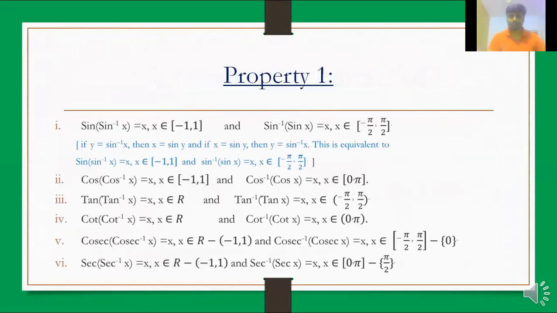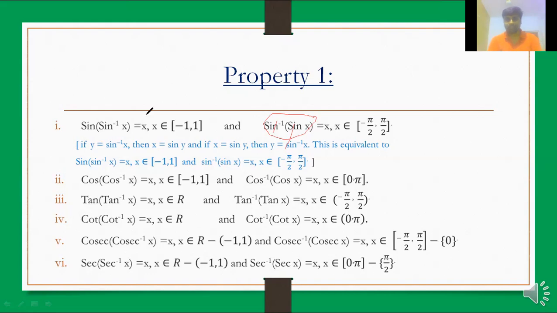Now see here, sine of sine inverse x equals x. Sine and sine inverse can be cancelled, and we get x. Similarly, if you have sine inverse of sine x, we can also cancel sine inverse there and get x. You have to remember these properly. It's not all about cancelling and writing the bracket value.